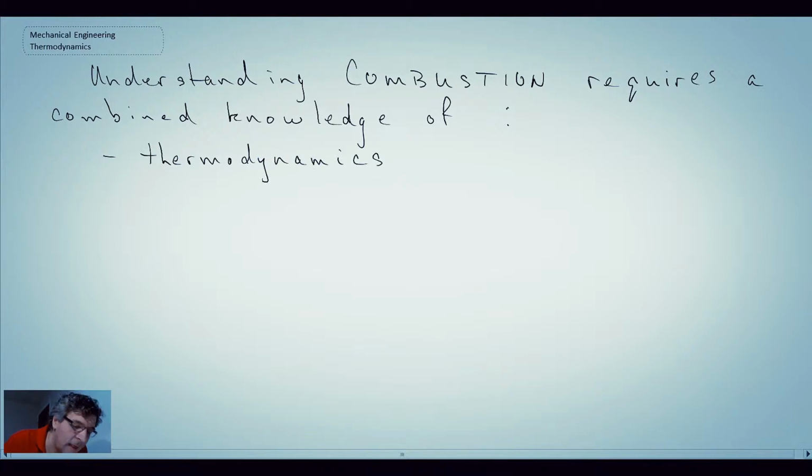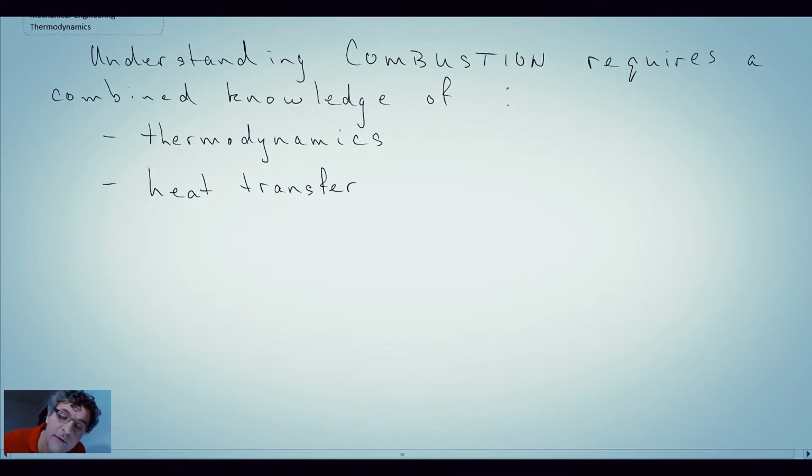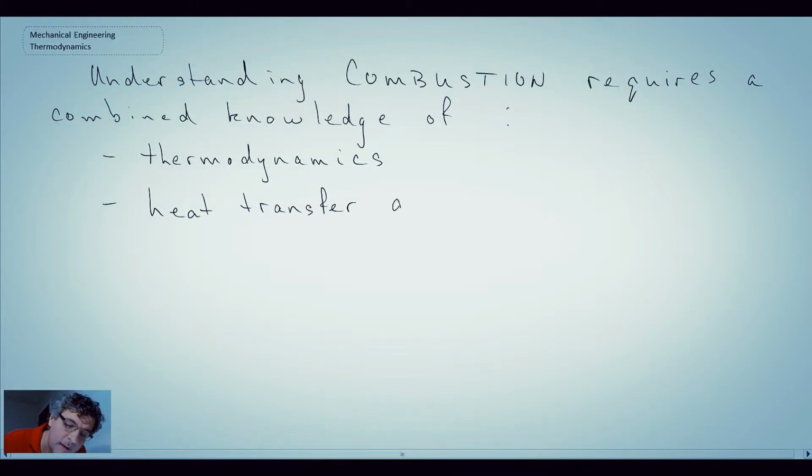thermodynamics. It also involves heat transfer, because as you have the heat release, heat is being transferred through the fluid and the fuel itself, and mass transfer. Mass transfer is the process by which the reactants are allowed to come into contact with one another.